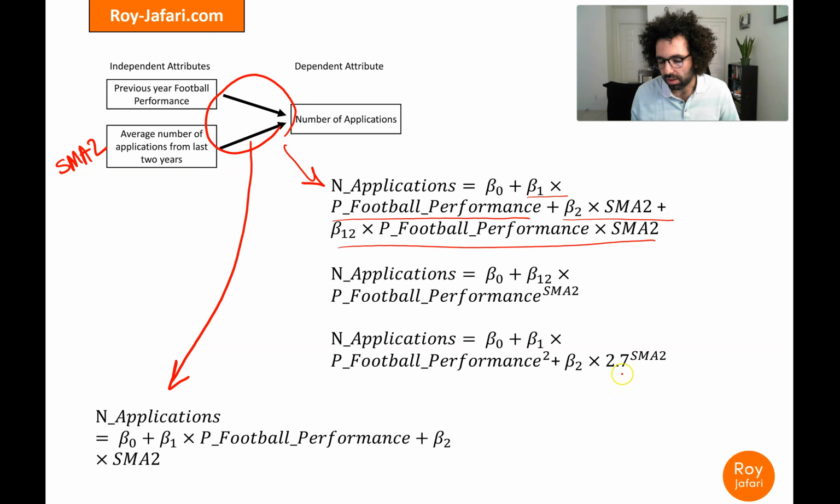And the simple moving average is 2.7 power to simple moving average. It's still not linear. And that's also a nonlinear regression. I mean, there is no guarantee that which one of these are going to have a better performance. That's the trick of nonlinear regression.